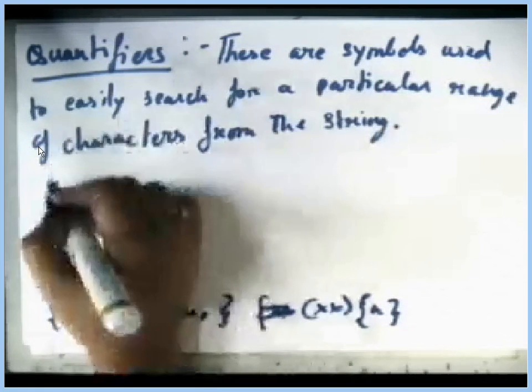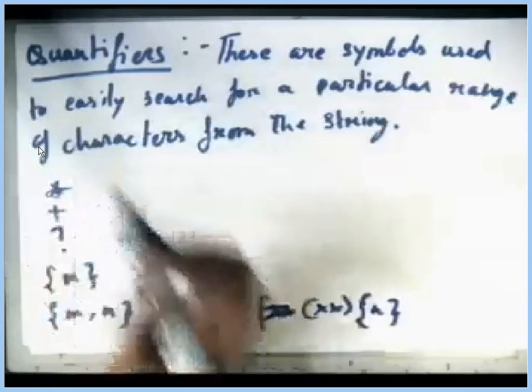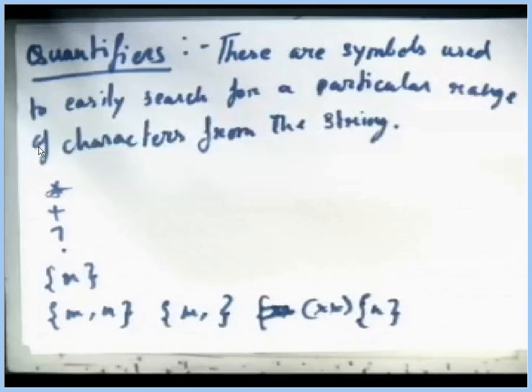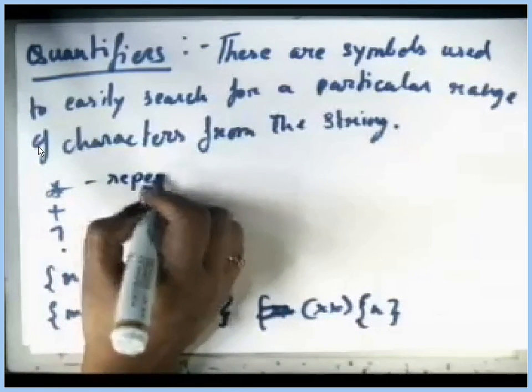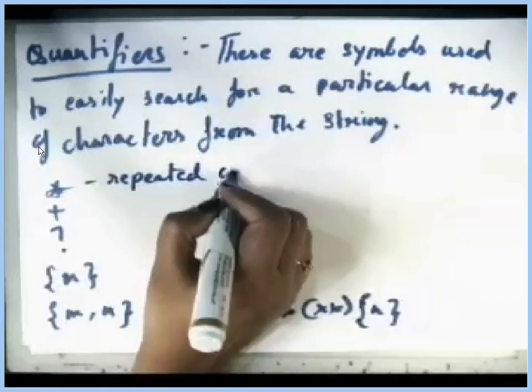If I write star, it will mean that the previous character is repeated 0 or more times. That means you can search for a repeated word with the help of star.